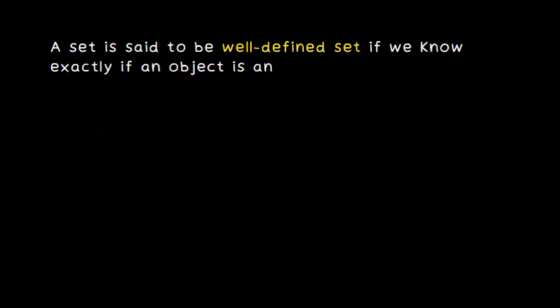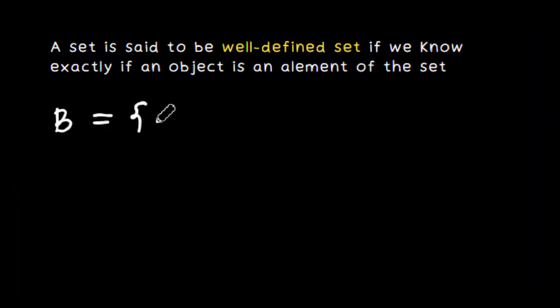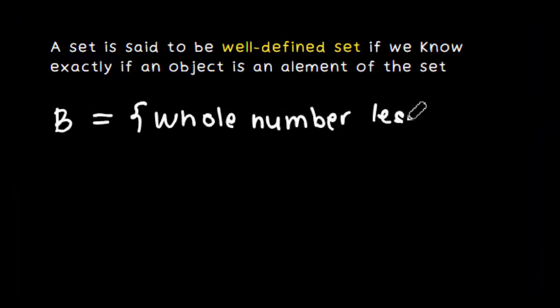A set is said to be a well-defined set if we know exactly if an object is an element of the set. So, anong ibig sabihin nun? Let me give you an example. Set B consists of the elements whole numbers less than 5.